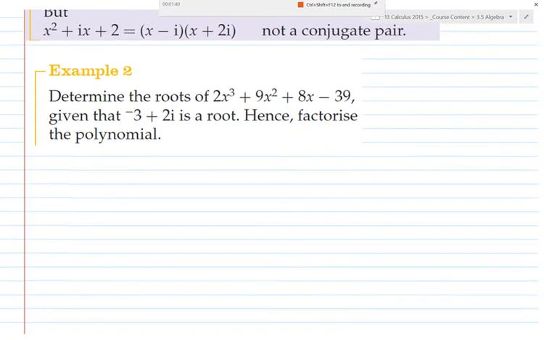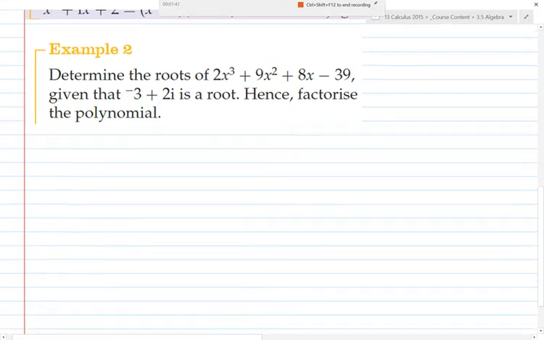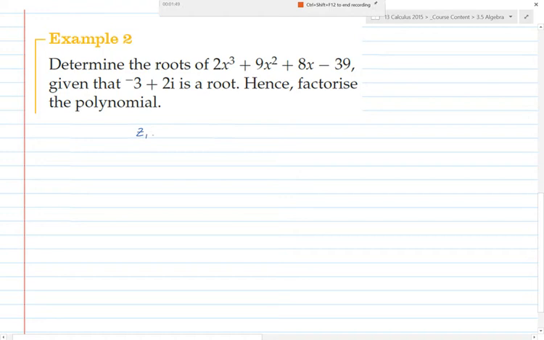With this example, because all of our coefficients are real and we've got one complex root, I'll write that down: x1, because we're working with x's here. Our first solution is negative 3 plus 2i. That means straight away we know that another root is going to be negative 3 minus 2i. It's asking us to factorize the polynomial, so we need to work out what our third root is.